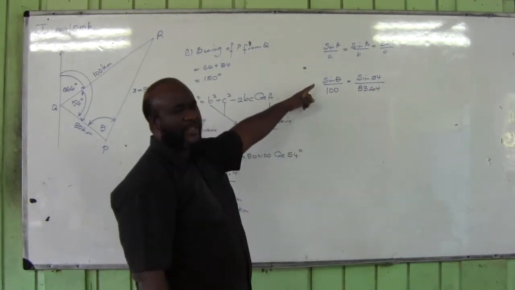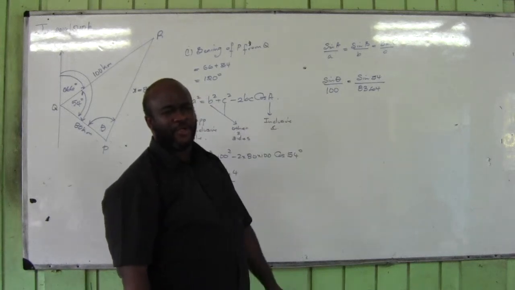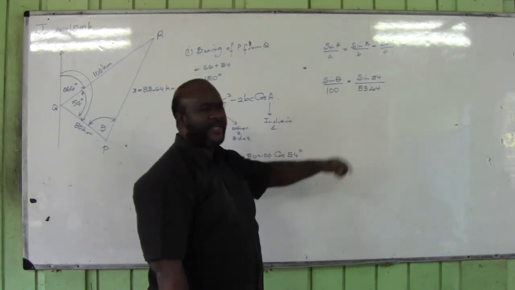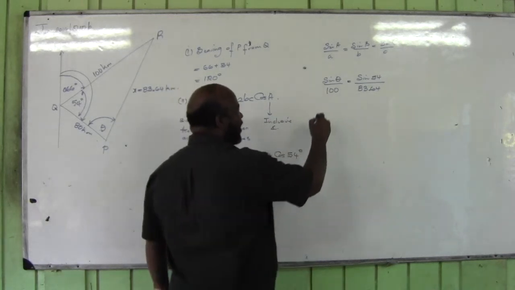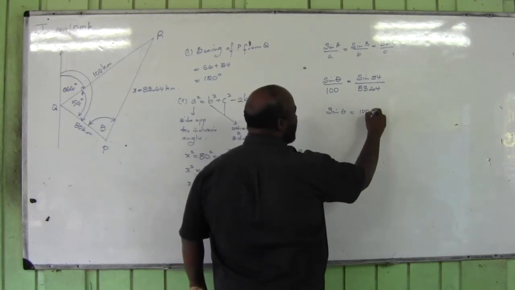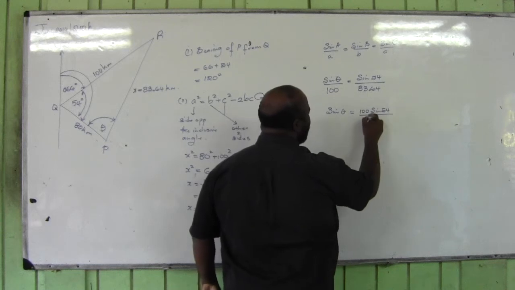Remember, I want to find out what theta is. I need to get rid of the 100, so I'm going to multiply both sides by 100. The 100s cancel over here.